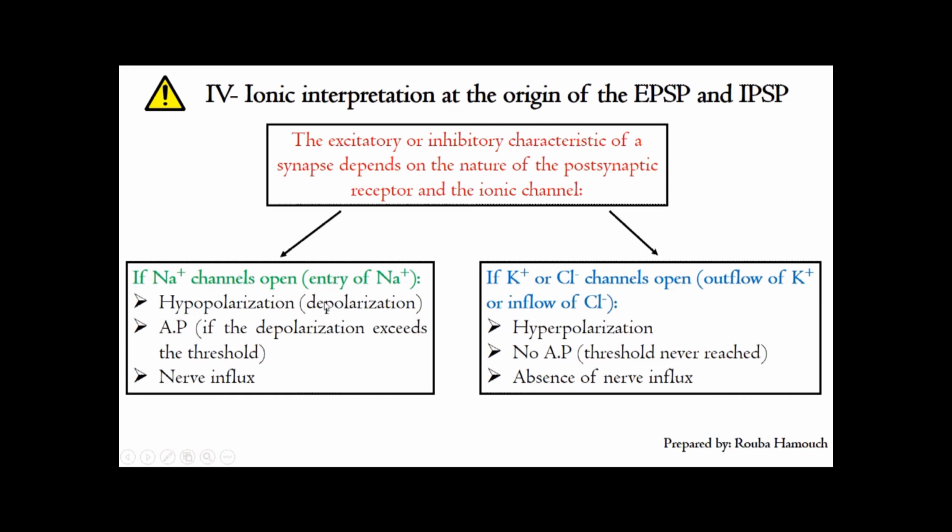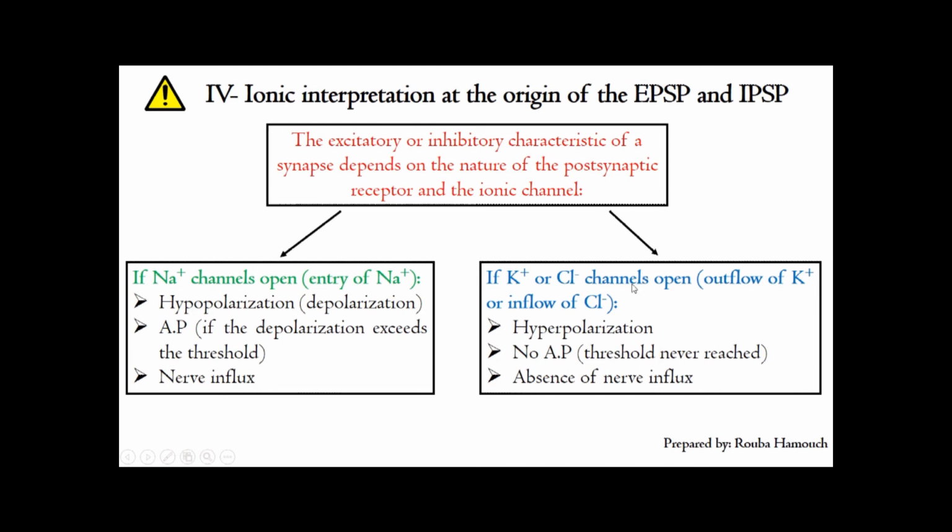The depolarization is called EPSP, excitatory postsynaptic potential. And this EPSP, if it exceeds the threshold, an action potential is created, thus the nervous influx is transmitted, and the synapse is excitatory.